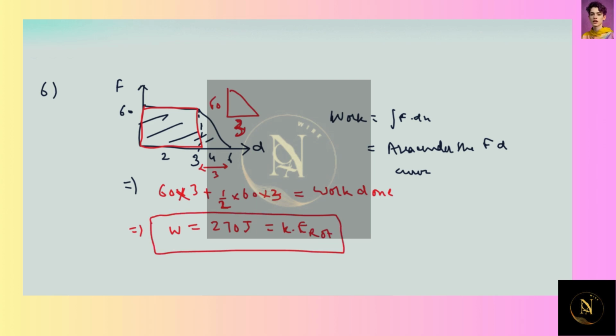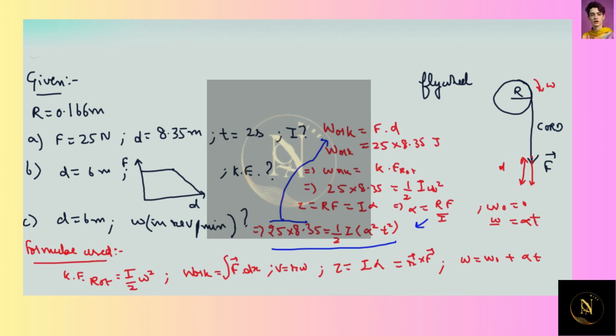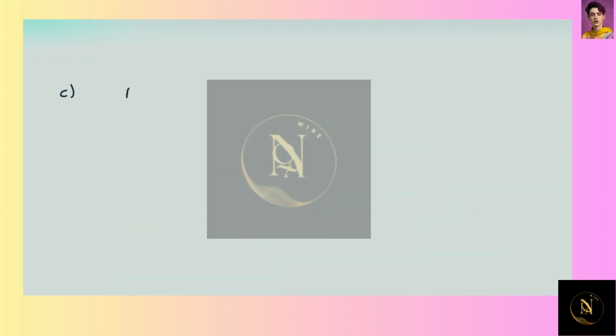Now we go to part C. We are done with I and we have found the kinetic energy. Now we find omega. At d equals 6 meter, using this force versus distance graph, we need to find omega at this distance.